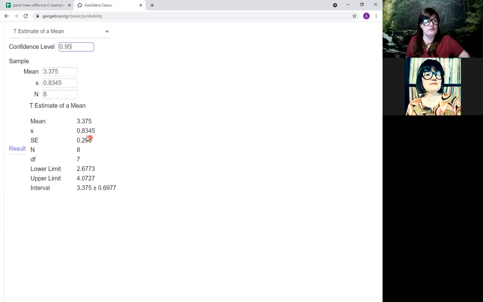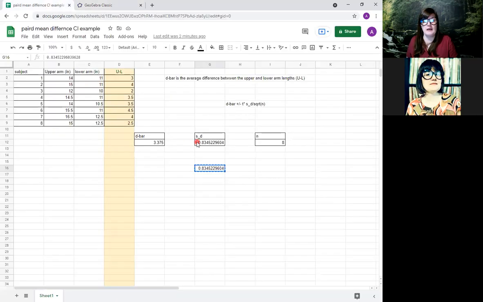Okay, so let's go through. We've got our mean, we've got our standard deviation. Notice right here, SE, what does that stand for? That is the standard error, and we can double check that by actually calculating our standard error over here. The standard error is your standard deviation divided by the square root of n.